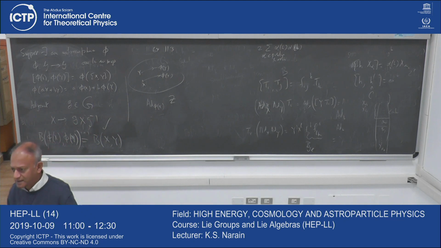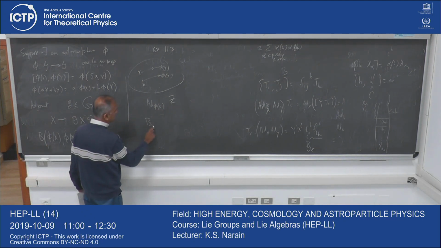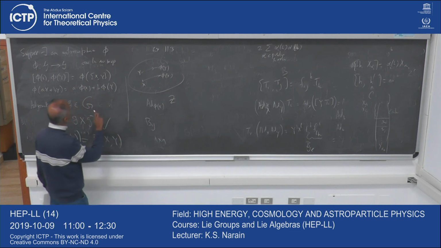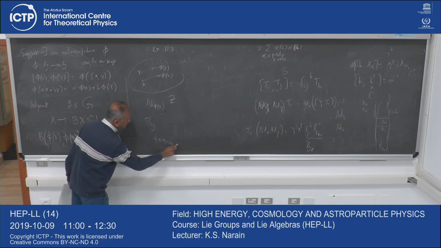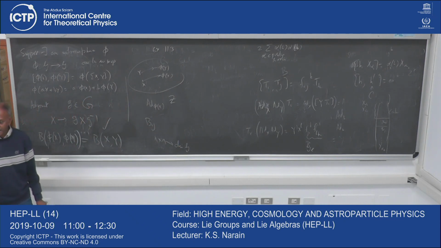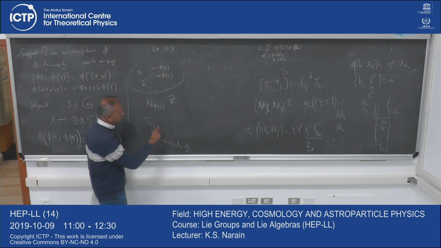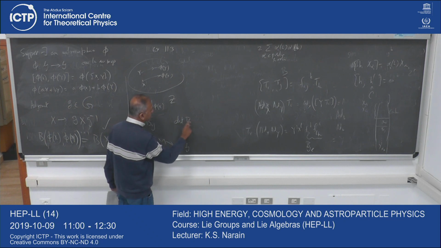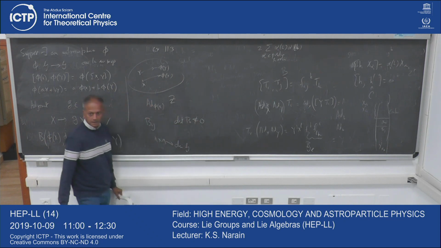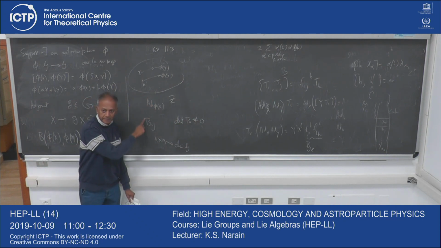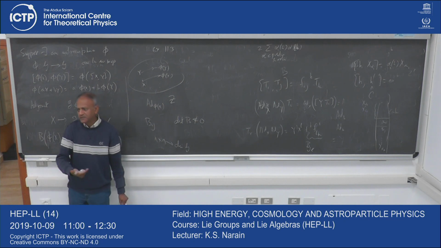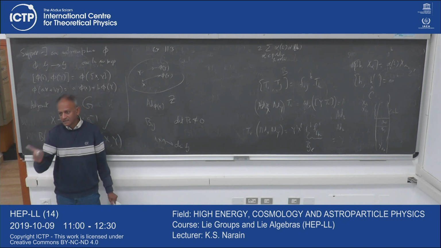That is, what we call B_ij, which is this n by n matrix, where n is the dimension of the Lie algebra. And the statement is that we are assuming that det B is not equal to 0. The determinant of this n by n matrix is not 0, which means it's invertible. So B inverse exists.